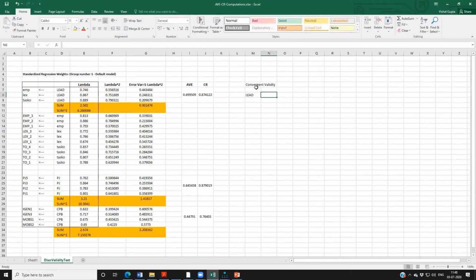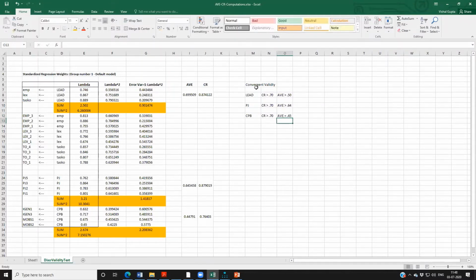So now if you look at the test for convergent validity for lead, we are saying that our CR is greater than 0.70 and AVE is greater than 0.50. For PJ, we are getting CR greater than 0.70, AVE greater than 0.64, and for CPB, we are getting CR greater than 0.70, but AVE here is equal to 0.45.